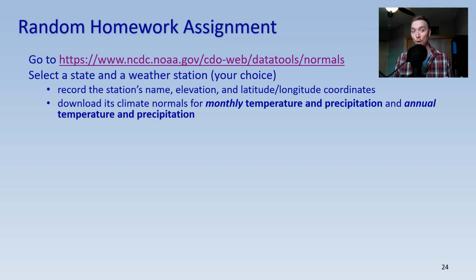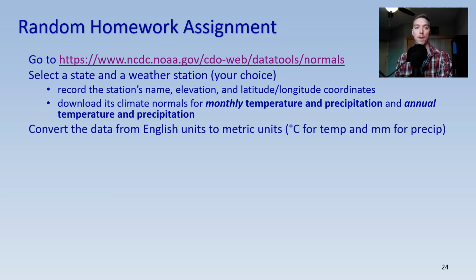You're going to download its climate normals for monthly temperature and precipitation and annual temperature and precipitation. You're going to convert the data from English, or imperial, units to metric units, because we are scientists and we will work in metric. So that'll be degrees Celsius for temperature and millimeters for precipitation.